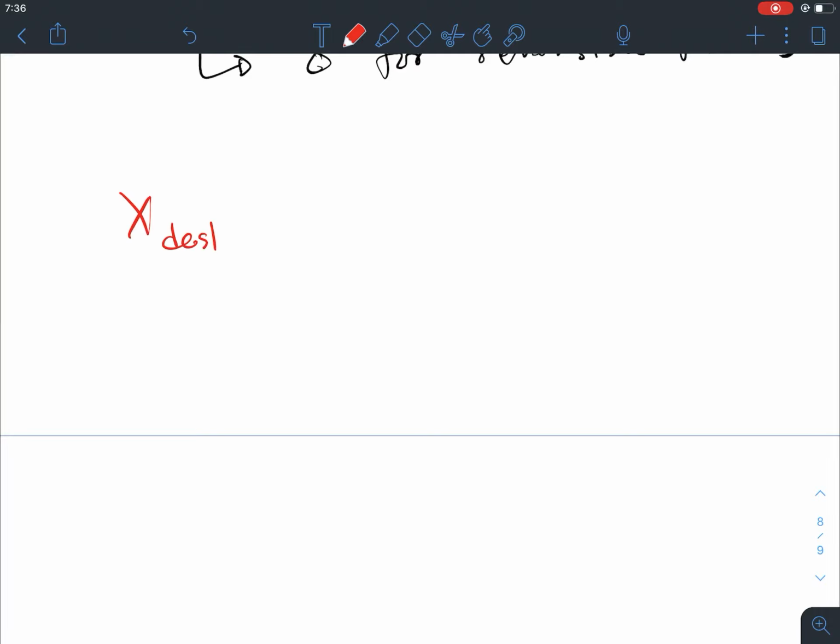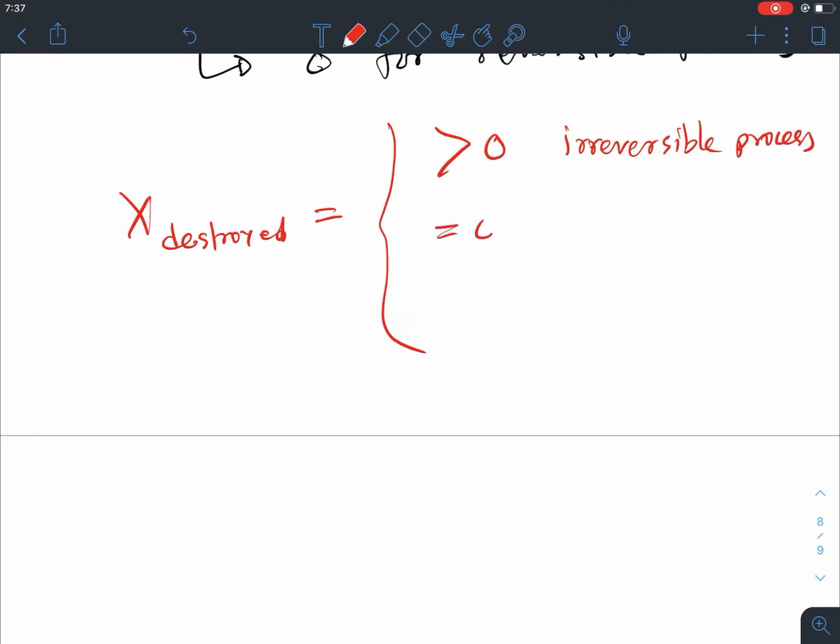This is very important, so just at a glance: exergy destroyed for a thermodynamic system can take three forms. Exergy destruction is always positive for an irreversible process, or it will be 0 for a reversible process.